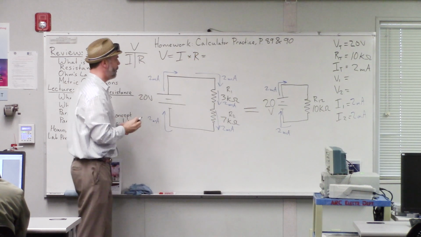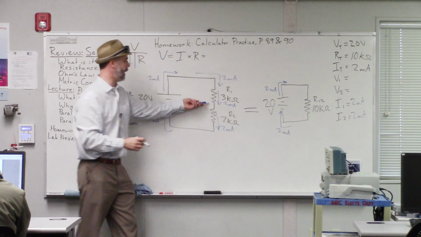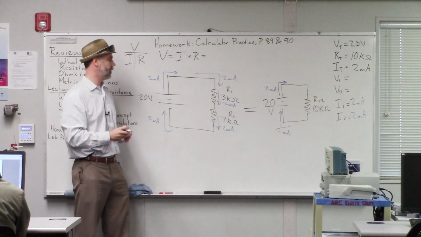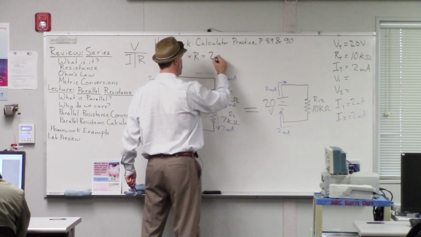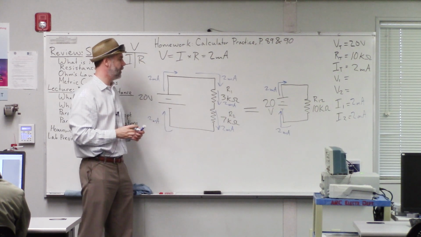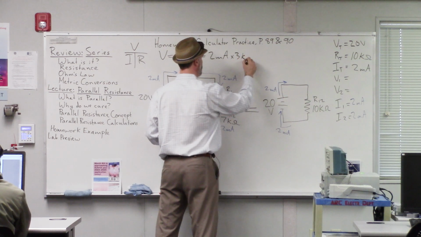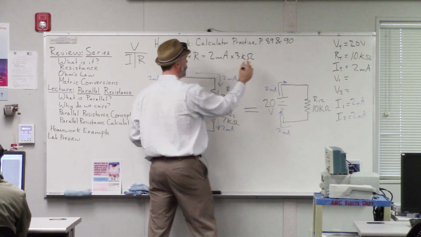So let's do the first one first. So what is I here? 2 milliamps. And then R, what do we have? 3 kilo ohms. So we can convert those into raw units again.